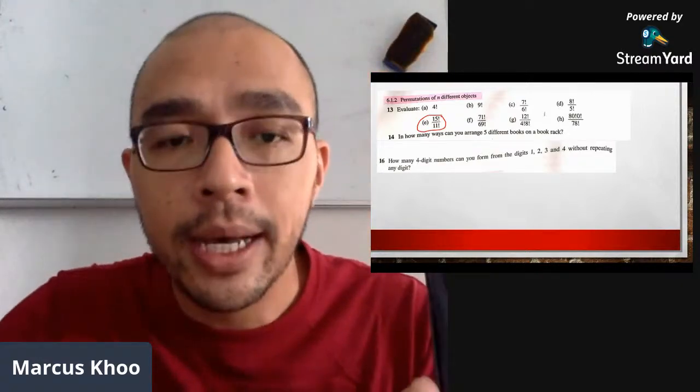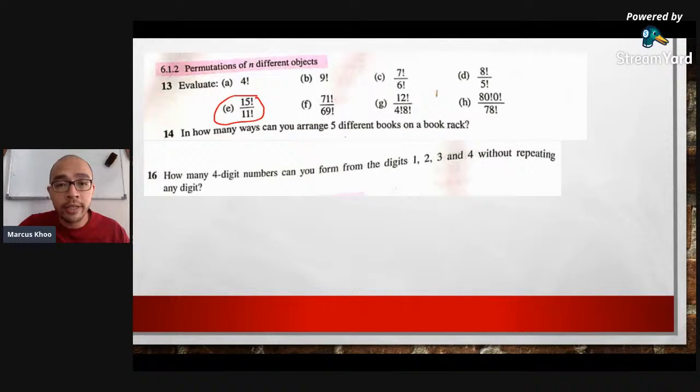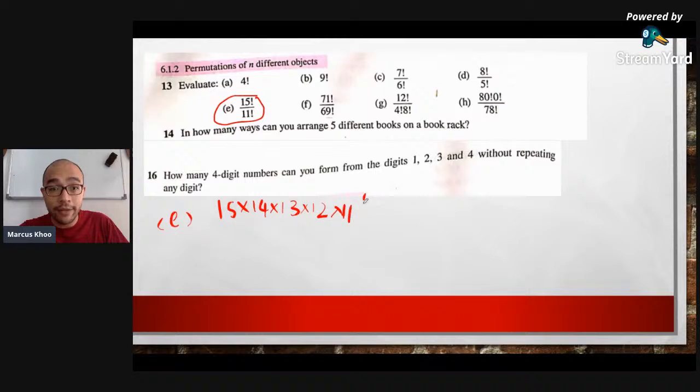But I want to tell you an alternative way to do this. I know using the calculator is a lifesaver, but I think it's also good for you to know this as well. So 15 factorial is 15 times 14 times 13 times 12 times 11 factorial, 11 all the way to this one, over 11 factorial.